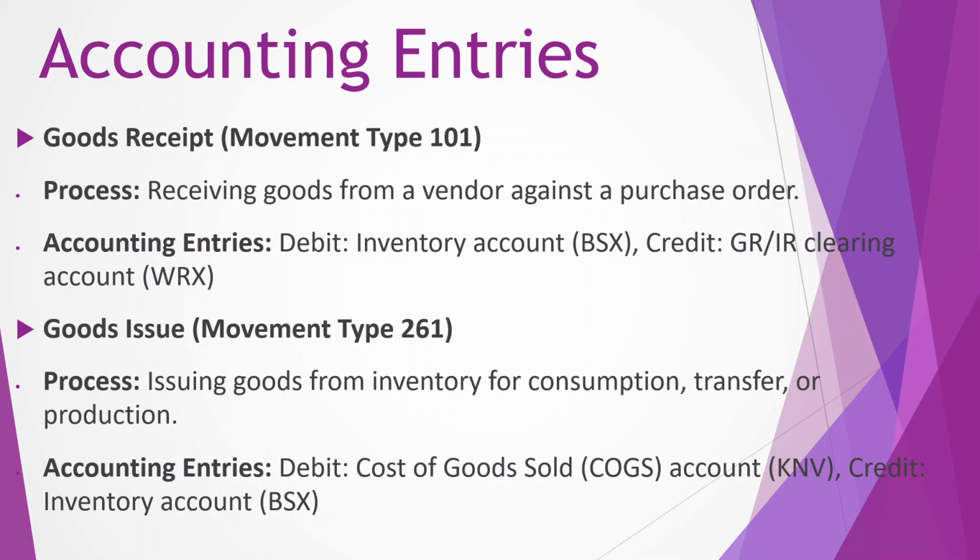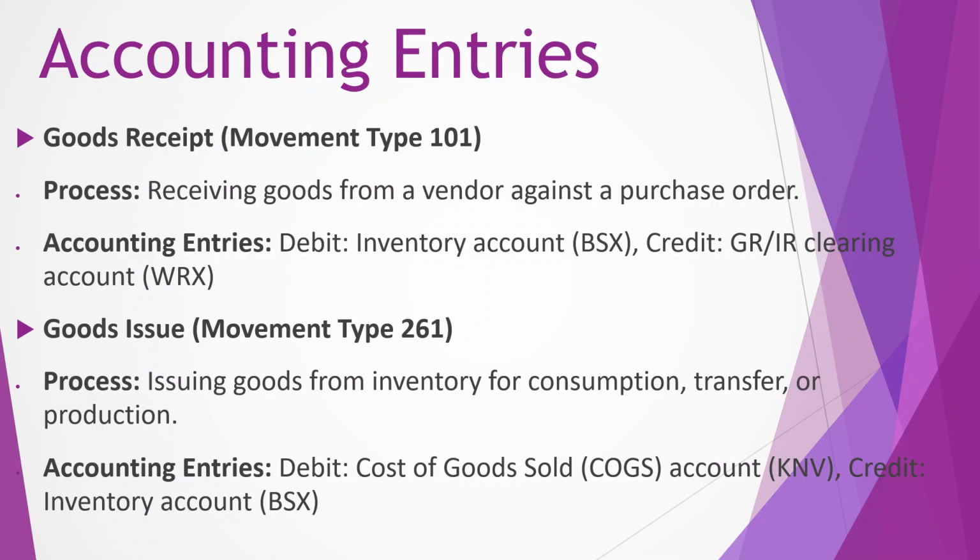Then next, goods issue, that is movement type 261, and the process where 261 is used is issuing goods from inventory for consumption. Kindly remember the purpose for which this goods issue is referring to: inventory for consumption, transfer or production.